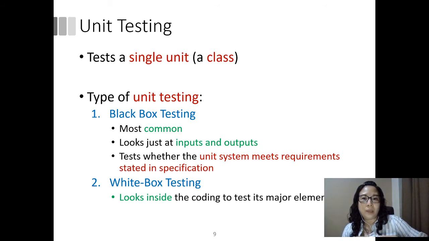There are two types of unit testing. The common one is black box testing. Black box testing is just to make sure that the unit already meets the requirement stated in the specification or in the business process requirement detail. So basically we just need to check whether the requirement is fulfilled or not.